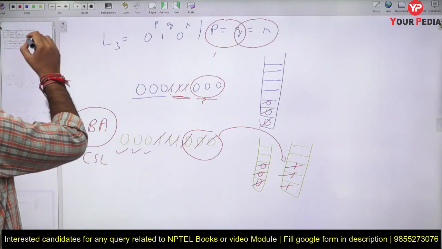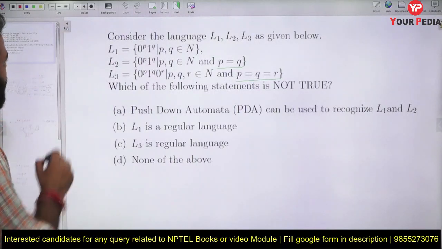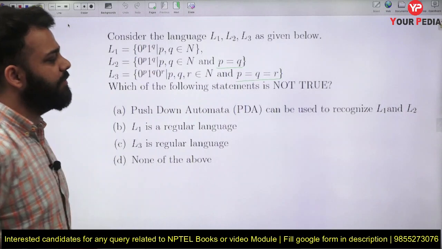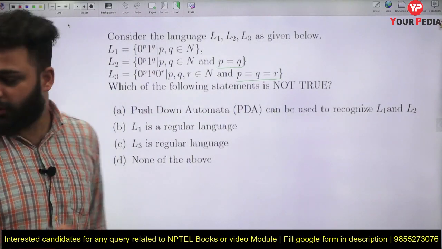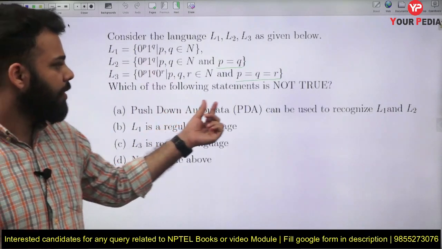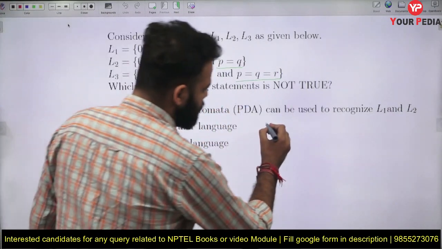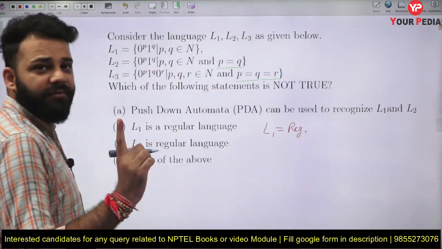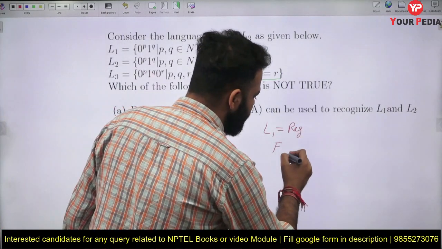So let's see our question. What was it? So our question is, push down automata can be used to recognize L1 dot L2. Now L1 is a regular language, so a finite automata can recognize this.